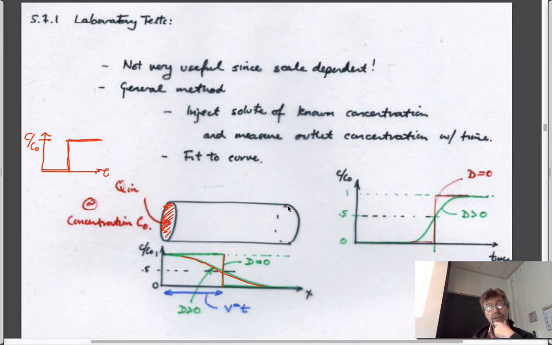But you can look at its arrival at the downstream face. And if you plot the arrival at the downstream face, then this plug flow translates to a residence time distribution that looks like this. In a conservative tracer, this time would be equal to, I guess, length over velocity. Is that right?